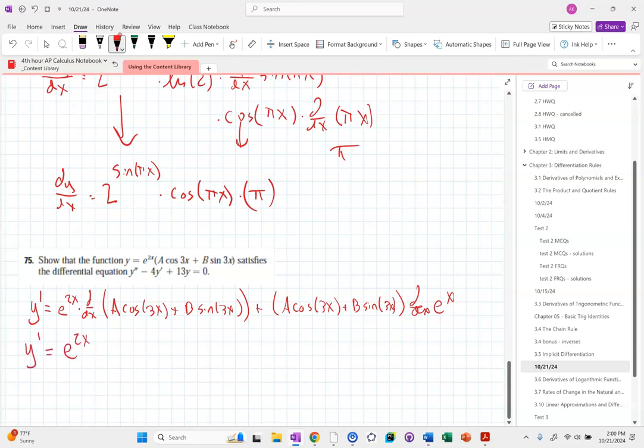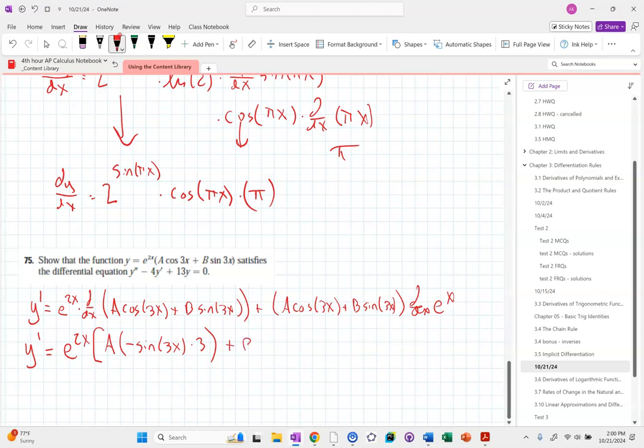So if I do that, the derivative of cosine is sine. So I have sine 3x, and then the derivative of 3x is 3. Is everybody okay with me shortening up some of the work that I'm showing, because this problem is going to get real overwhelming real quick?